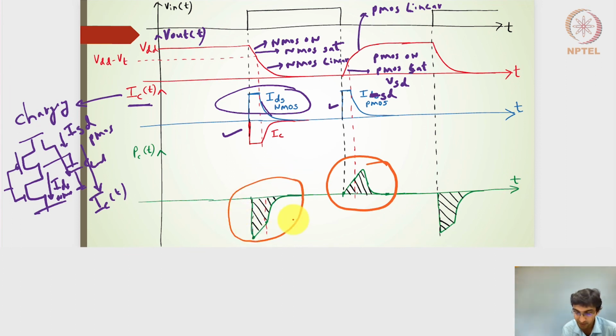So this particular power area and this particular power area, whatever I calculate, should match. And the reason is very simple.